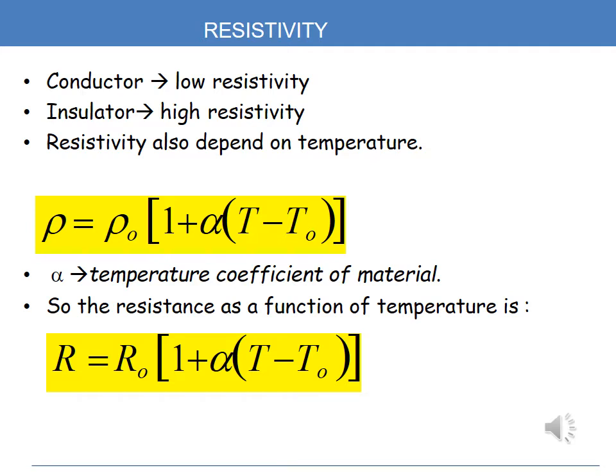And the equation is like this: rho as a function of temperature is equal to rho naught, the specific resistivity of a particular material, times 1 plus alpha delta T, or T minus T naught. Alpha is the temperature coefficient of resistivity. So the resistance as a function of temperature is simply R equals R naught times 1 plus alpha delta T.